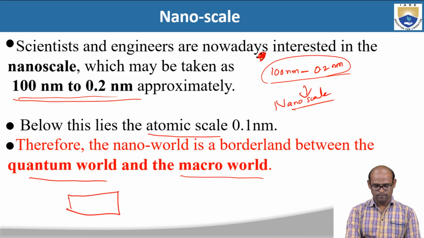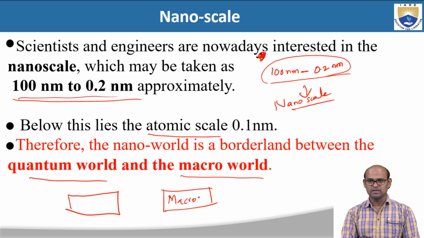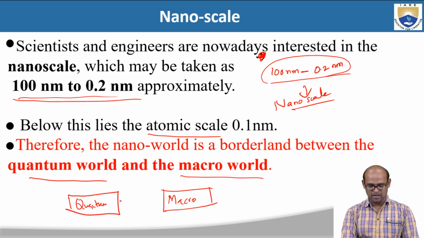If you think of the macro world as around centimeters and millimeters, and the quantum world as the angstrom level, then this range in between is the nanoscale, or nano world.